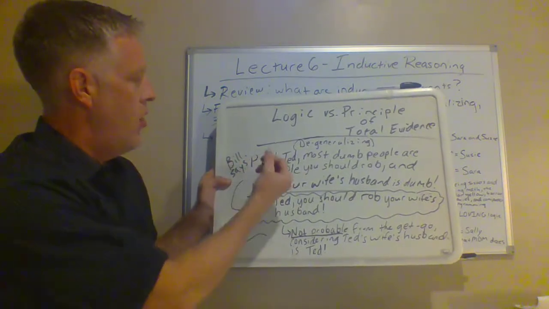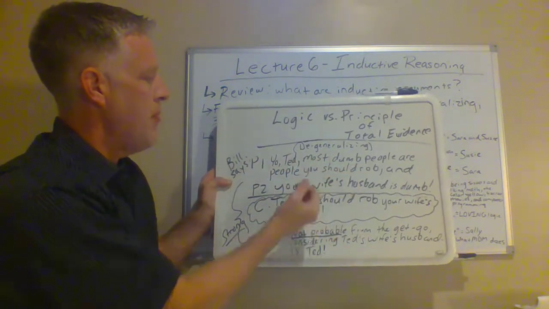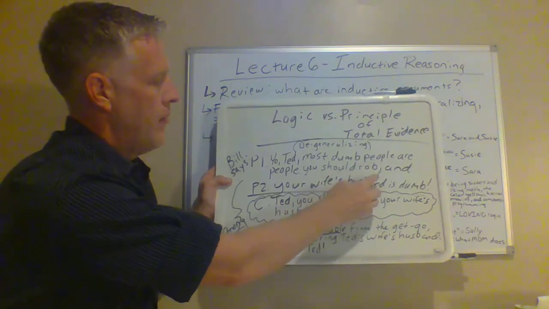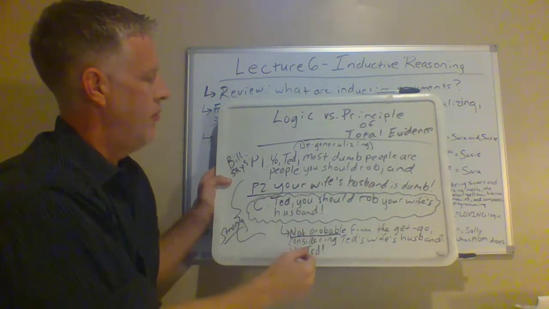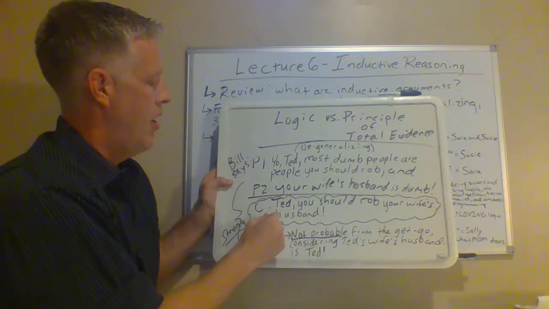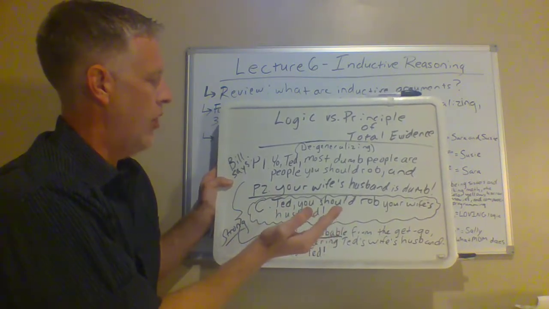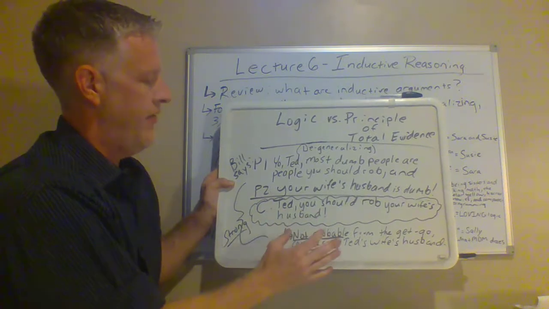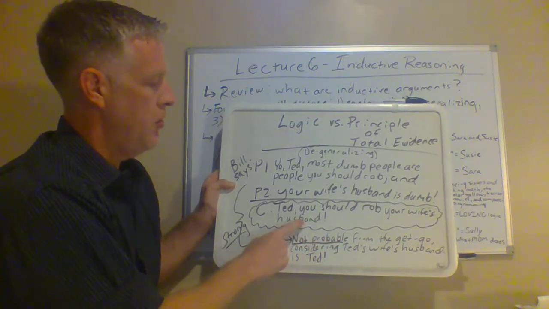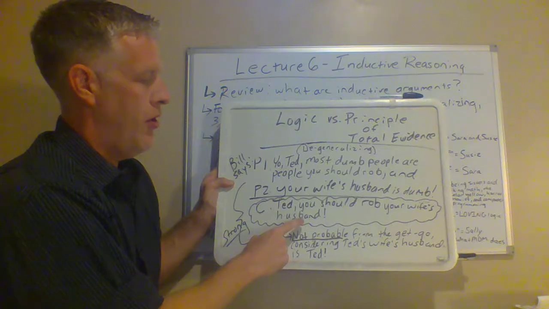Say Bill says, yo, Ted, most dumb people are people you should rob, and your wife's husband is dumb. So we have a couple premises there. And then the conclusion is, Ted, you should rob your wife's husband. Now, on the face of it, that conclusion, not very probable at all.